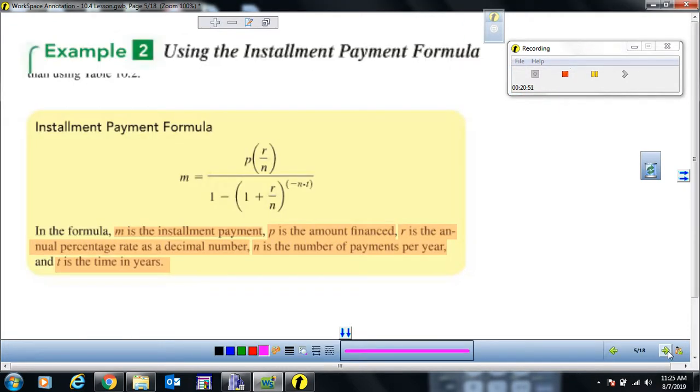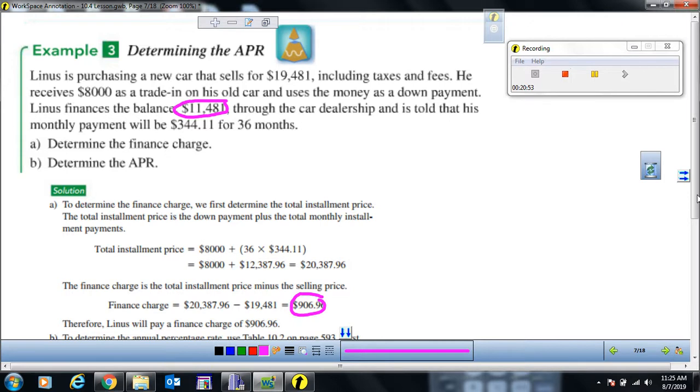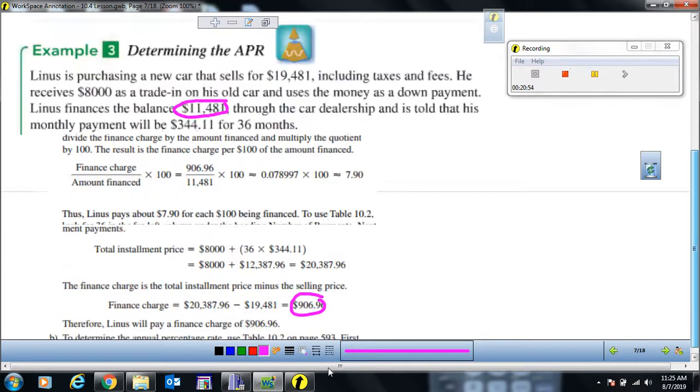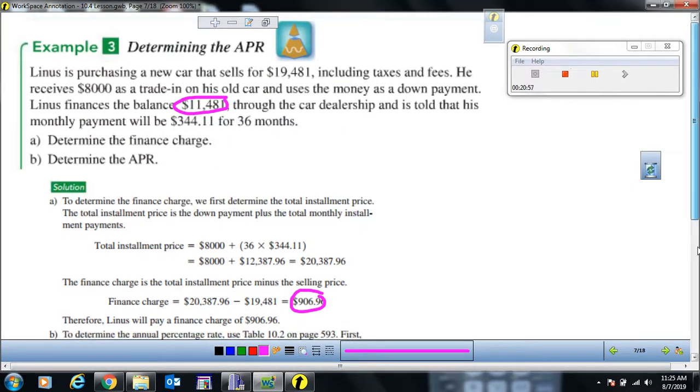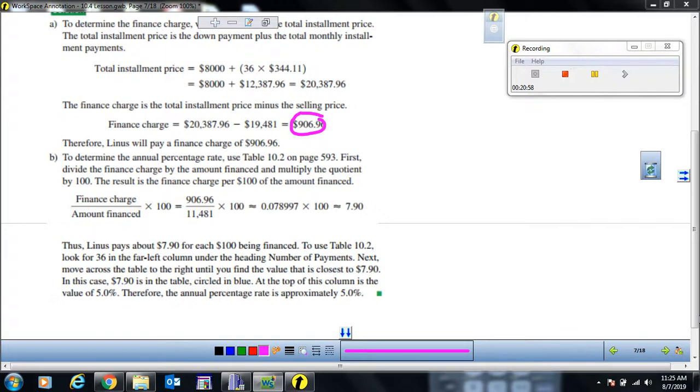So I go back here to this problem, and that's what basically they're going to be saying here on the explanation. Linus pays $7.90 for each $100 being financed. So in table 10.2, that's what I told you, look for 36 in the far left-hand column under the heading number of payments.